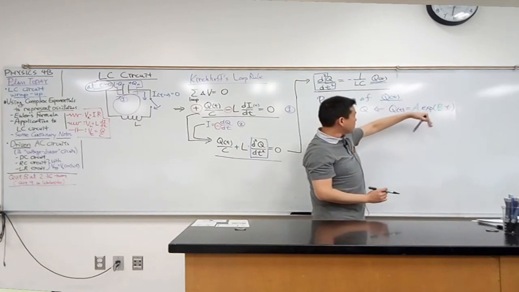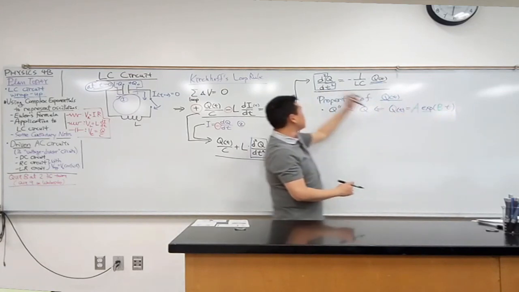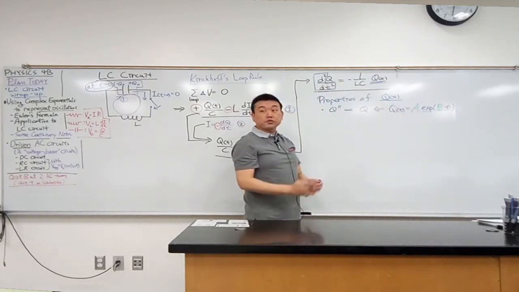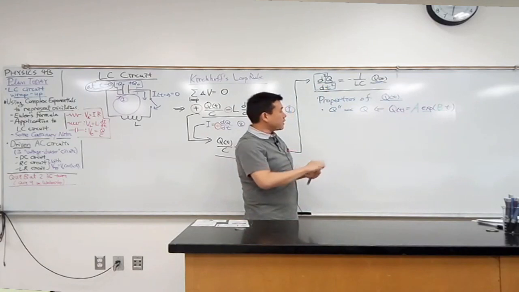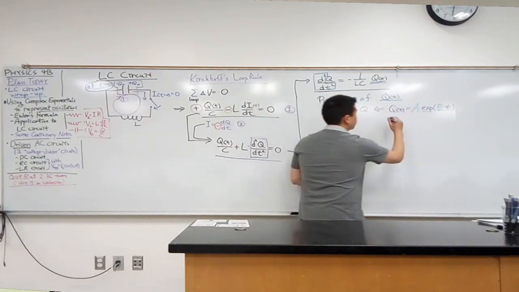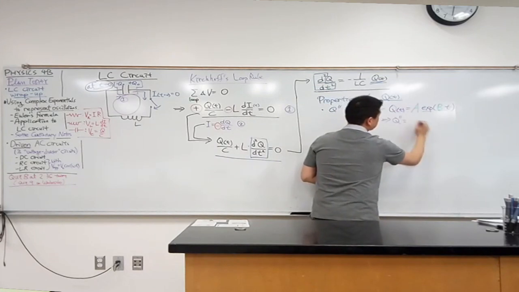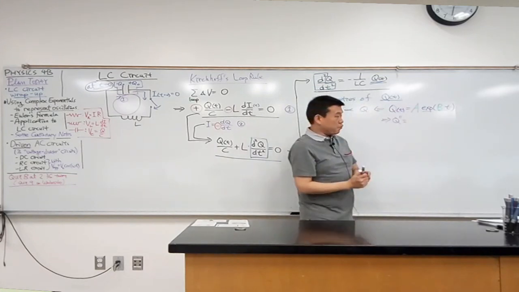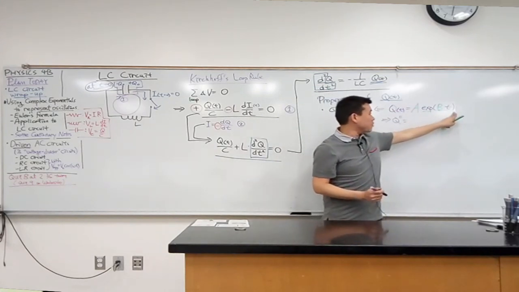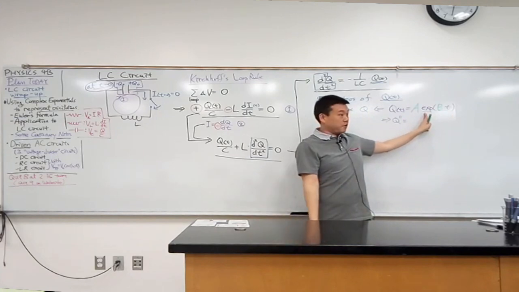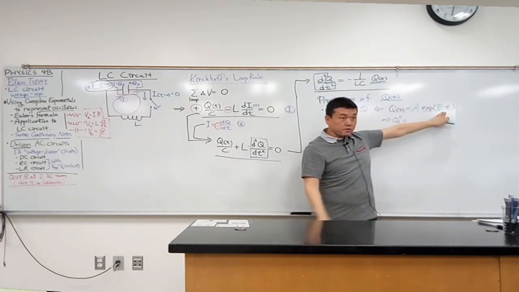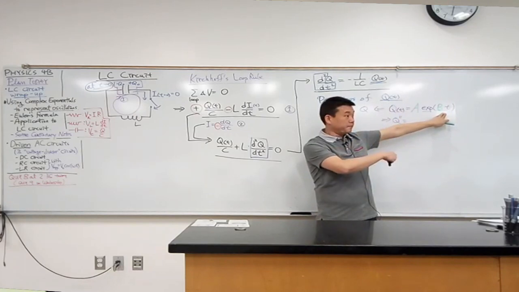Now plug this in here. You are going to take two time derivatives. When you take two time derivatives, this is what you end up with: q double prime is equal to... each time derivative leaves the outside function alone because it's exponential, and you use the chain rule, take the derivative of the inside, and you get a factor of b out.